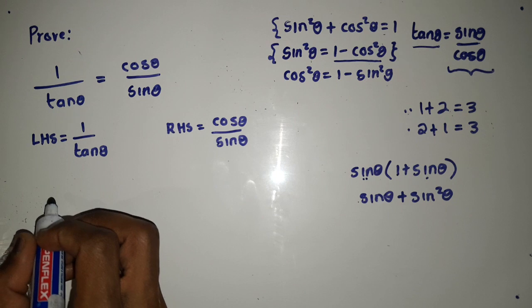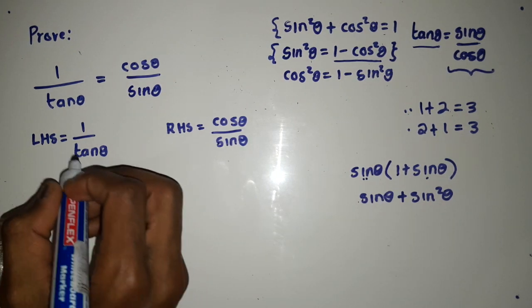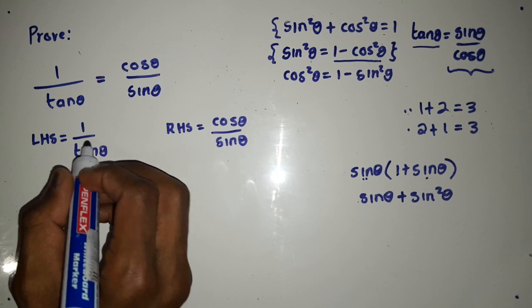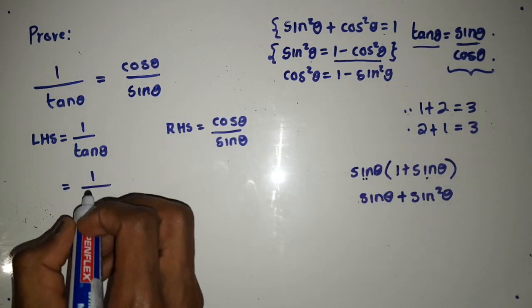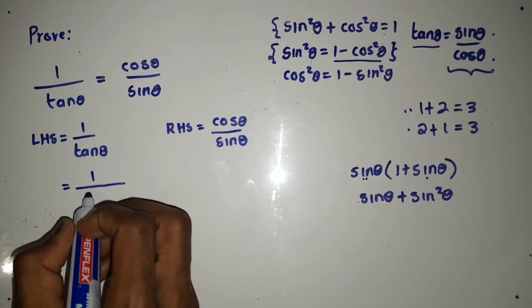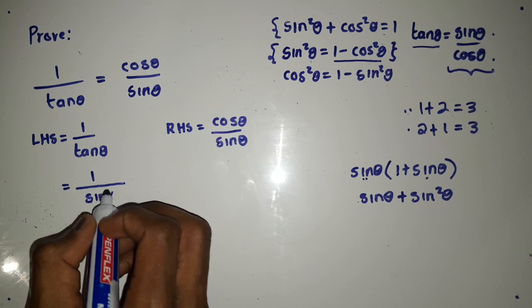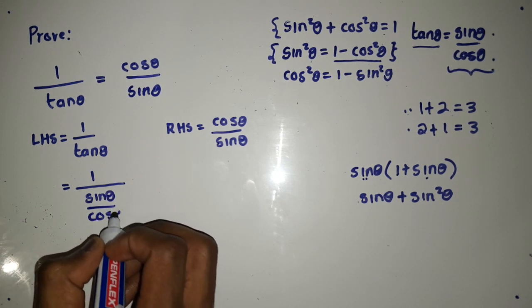Let us consider our left hand side. Then it's going to be 1. You see we have tan. This will change into sine all over cos. It's like now we have 1 divided by sine divided by cos theta.